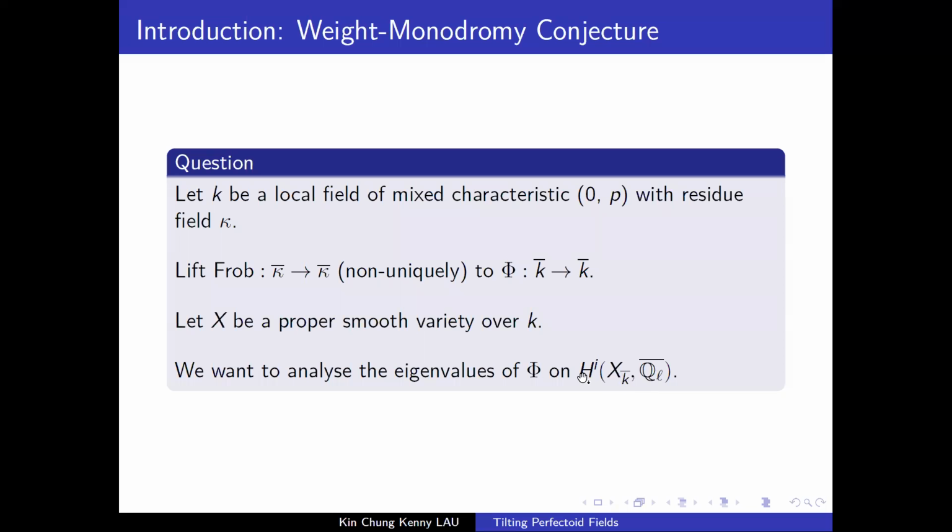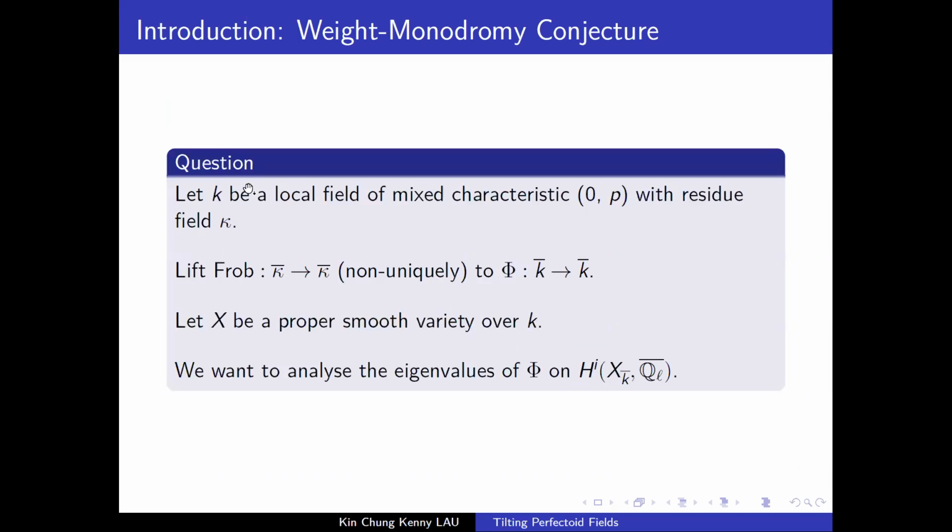This phi acts on it because it acts on K bar. This should be a finite dimensional vector space over Q_l bar, so it has eigenvalues, and the conjecture is that these eigenvalues will be a fixed amount, determined by K and some other indices.